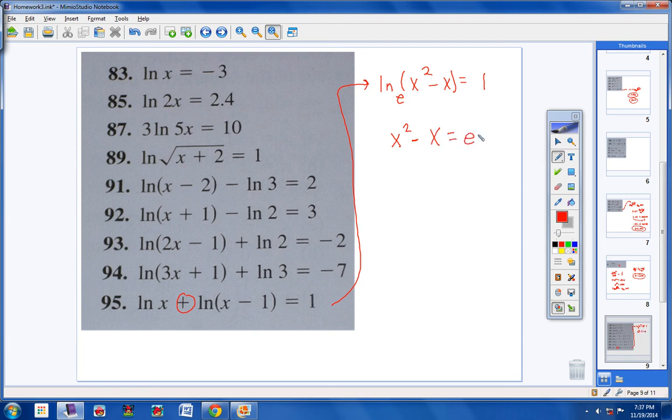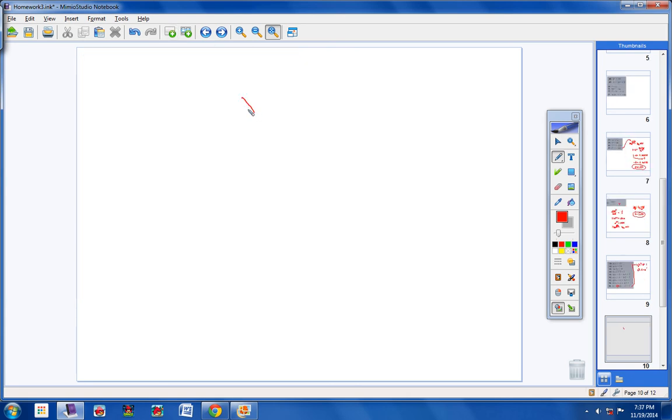Now, this is going to be really tough to solve. Don't forget, guys, e to the 1 is a number. So we have a number here. Now look, if you had a quadratic equation like x squared minus x equals 11, you know how to solve that. You would bring the 11 over, make it negative, and then, since you can't factor that, you would use the quadratic formula.